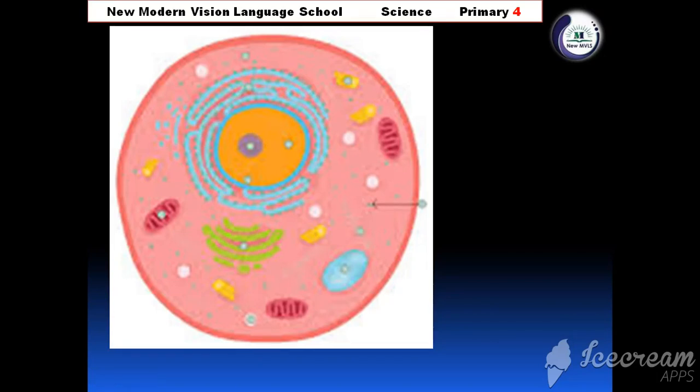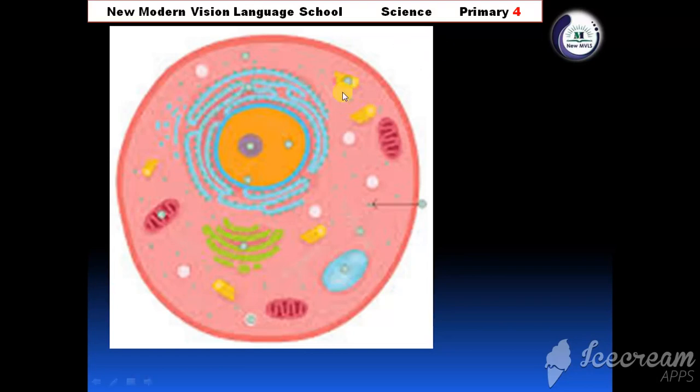We will find that we are completely different. We haven't a long neck. We haven't a tail. So, the animals differ from each other. So, the animal cell has no cell wall.